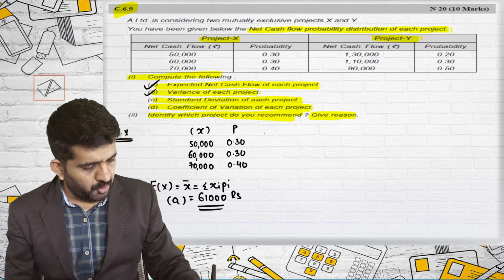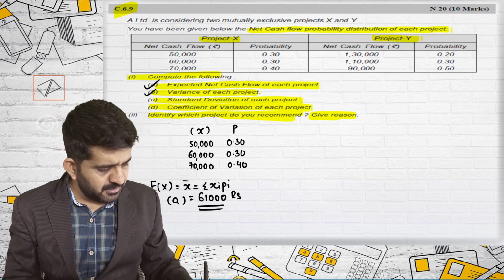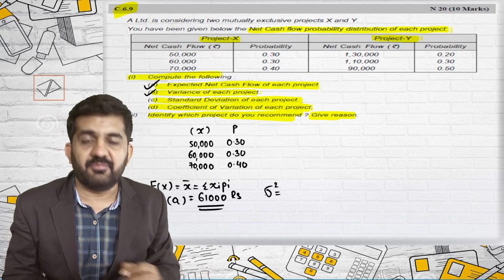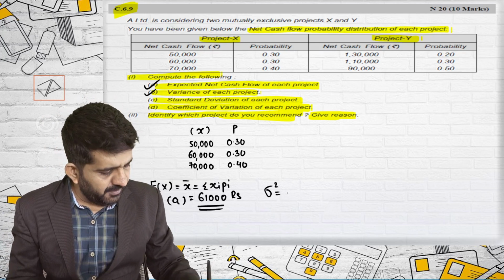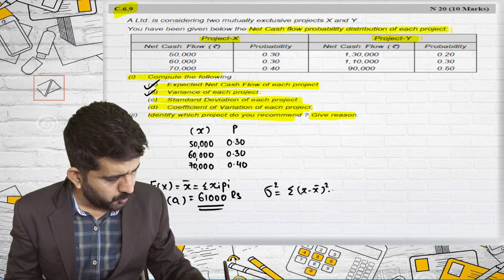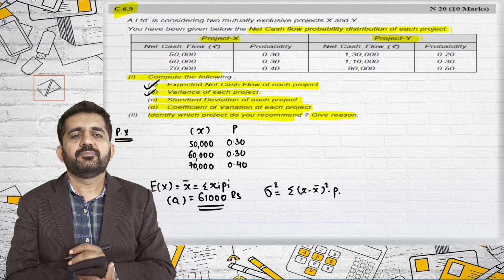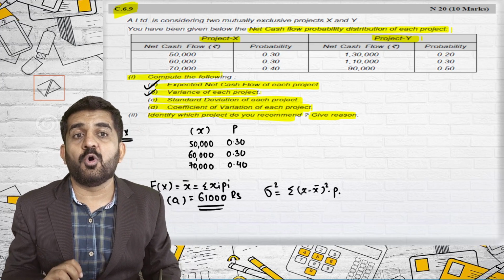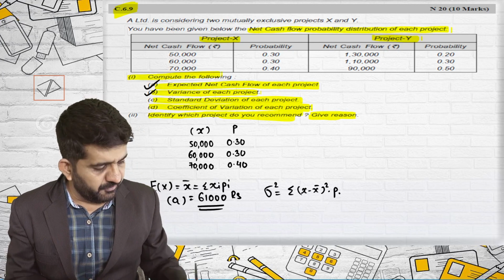Variance of each project. How to find out variance? Variance is standard deviation square. I will be using this formula, sigma x minus x bar whole square into P. Sir, why not under root? Because it is variance and not standard deviation.